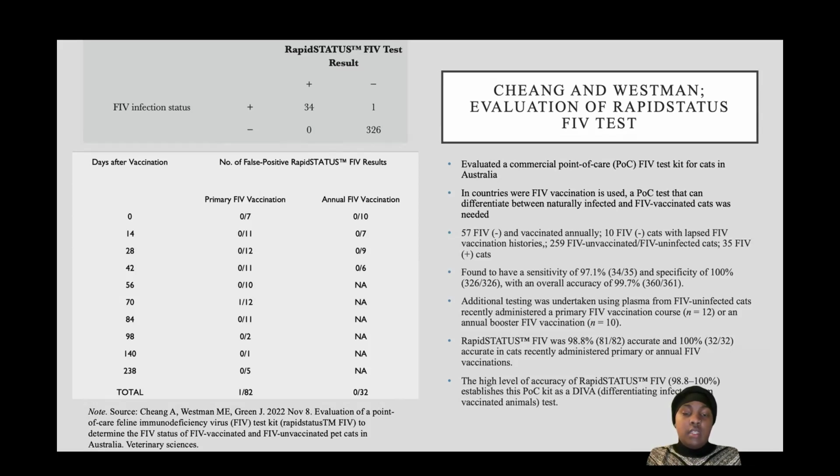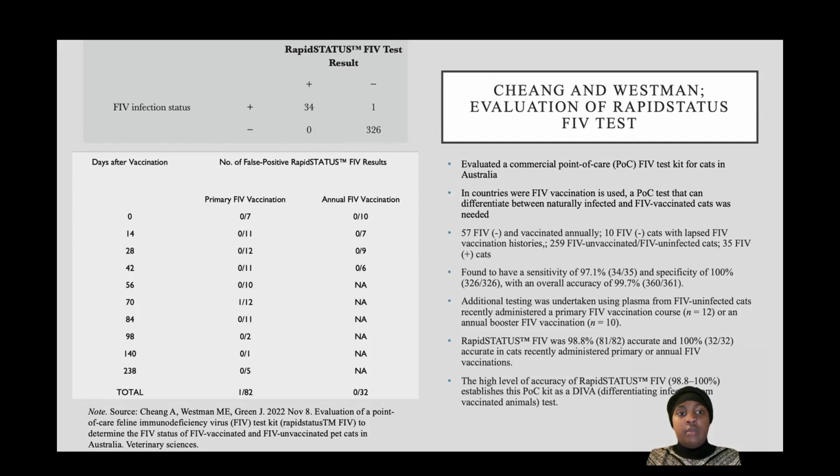In the case of this study, the sensitivity and the specificity were both high, with an accuracy of 98.8 to 100%, establishing this POC kit as a DIVA, or a differentiating infected from vaccinated animals test. And to the left here, I have a couple of diagrams indicating the results of these tests. The top one shows the results of the Rapid Status FIV kit test in comparison to the known FIV infection status.